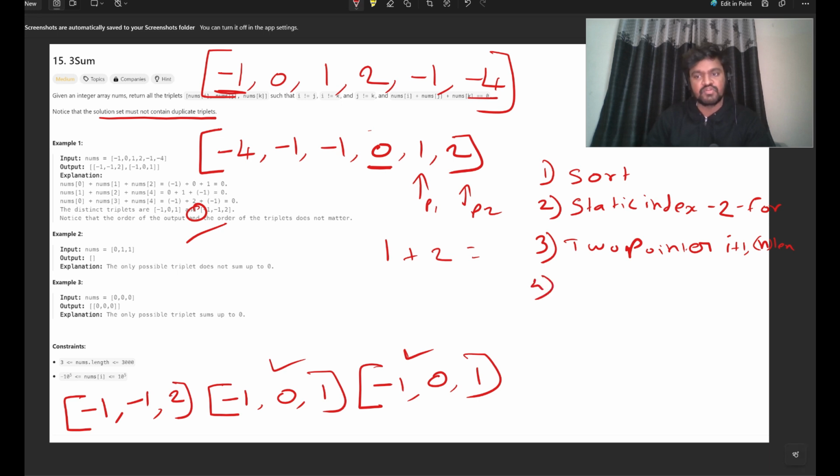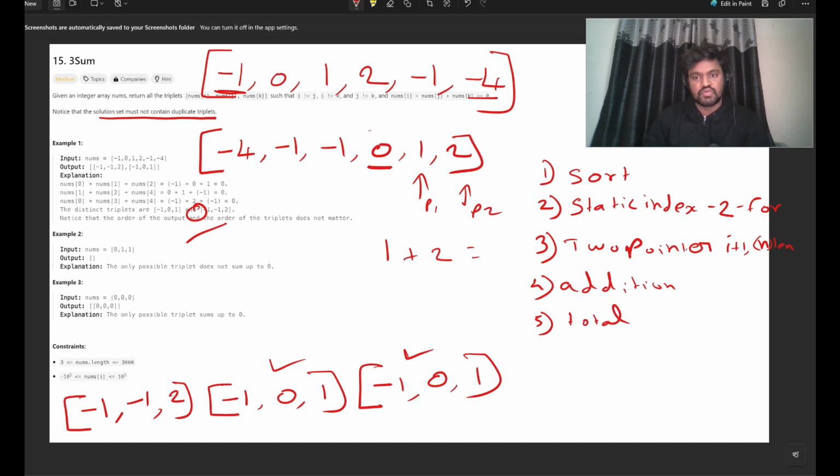And the fourth point is the total, the addition, correct? We are going to make the addition. And the fifth point, after the addition, we need to verify whether the total is equal to 0, greater than 0, or lesser than 0.